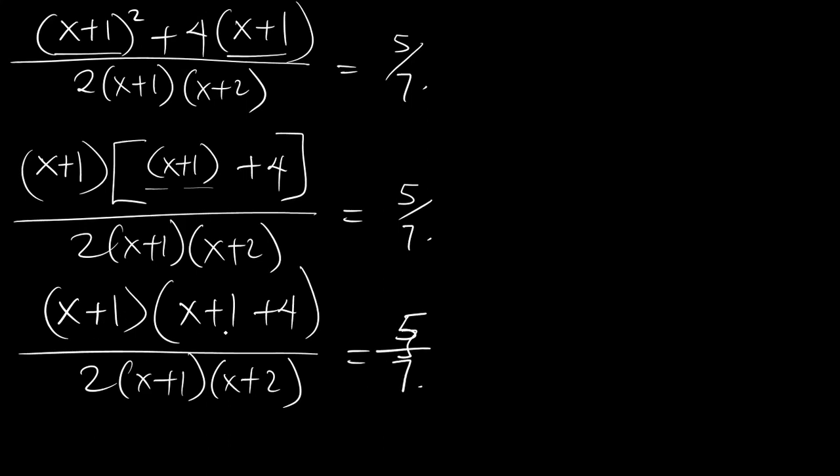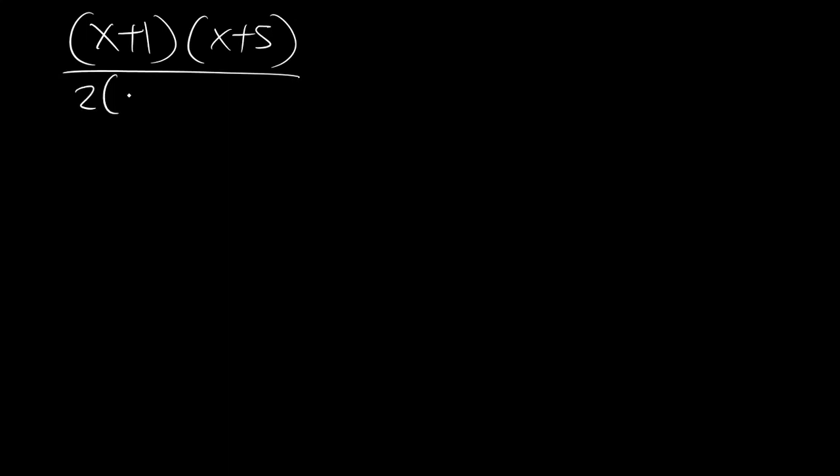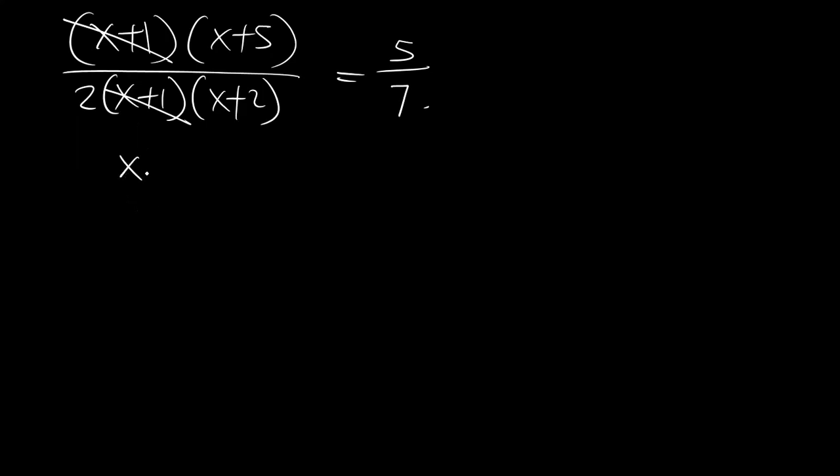So this will now give us (x plus 1)(x plus 5) divided by 2 times (x plus 1) times (x plus 2) equal to 5 over 7. This will cancel out this. You have (x plus 5) all over 2 times (x plus 2) equal to 5 over 7.